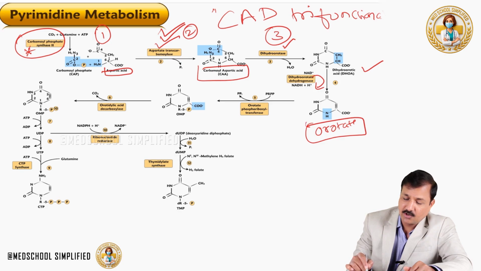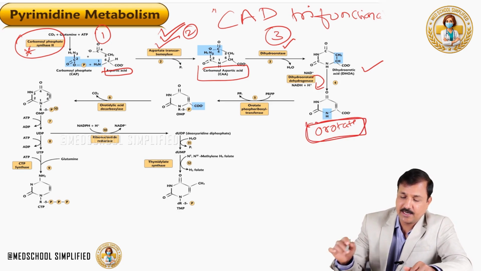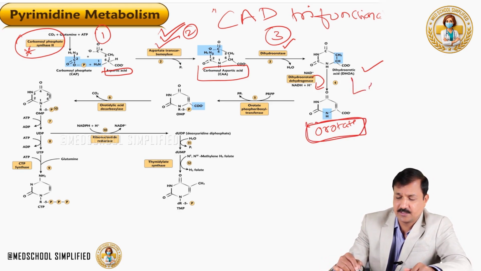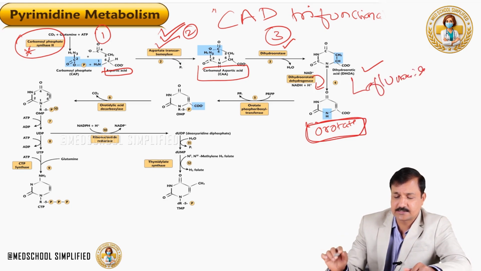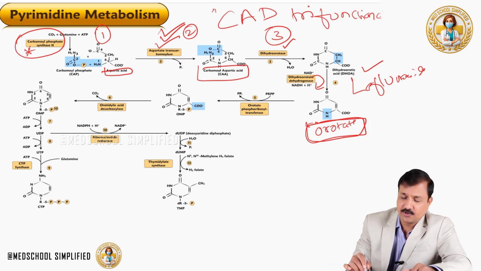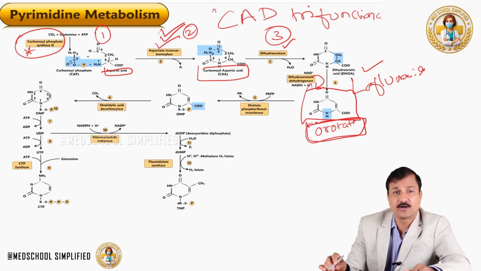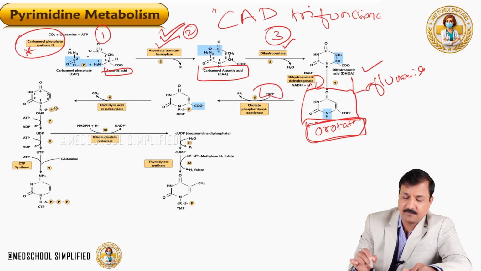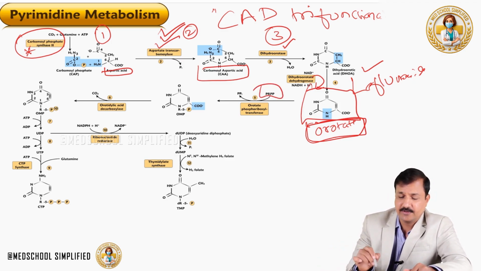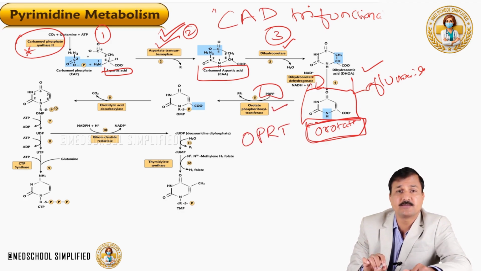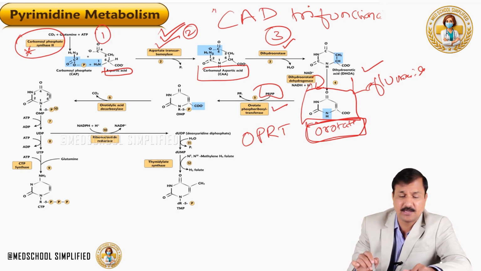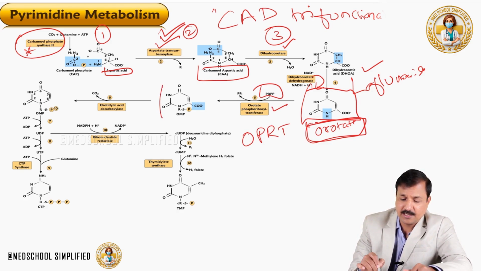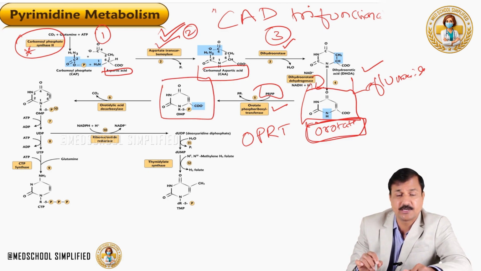Once you get orotate, done by dihydroorotate dehydrogenase, remember this is inhibited by a drug called leflunomide, which I am going to show you in later slides. Orotate is already a pyrimidine ring. Now PRPP, phosphoribosyl pyrophosphate, is brought in by the orotate phosphoribosyl transferase enzyme, OPRT, which transfers the PRPP and makes orotidylic acid monophosphate, OMP.